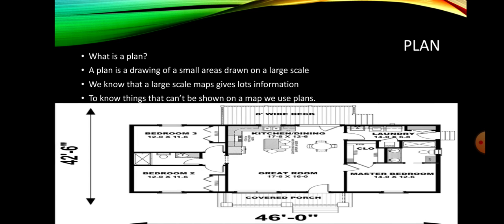One example: when we see the construction of a building or a structure, we will find a plan of that building, and it gives the information by the architect who designed the houses, the actual size of the rooms, doors, windows, etc. The plan is drawn according to the scale, and that is known as a plan.